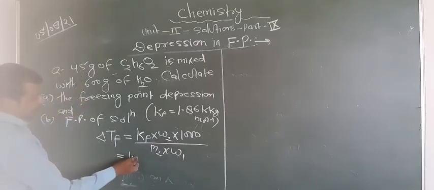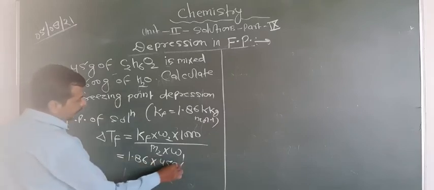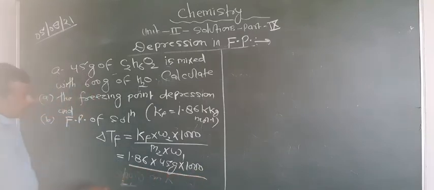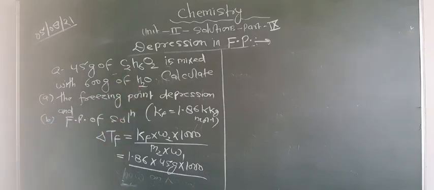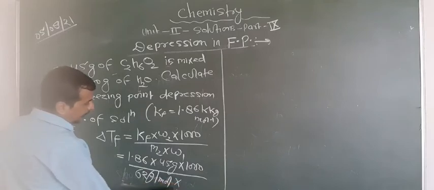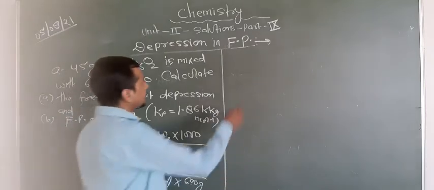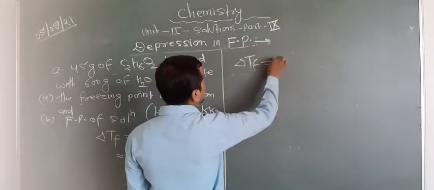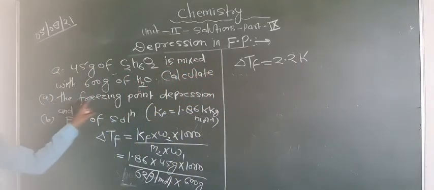K is given 1.86, multiplied by W2 of 45 gram, multiplied by 1000, divided by the molar mass, which is the mass of 2 carbon, 6 H and 2 O. This gives you 62 gram per mole, multiplied by 600 gram of water. So from this you can get delta TF equal to 2.2 Kelvin. This is the answer of the first question, the freezing point depression.